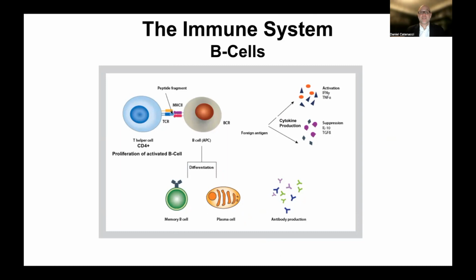So upon activation, these cells can then undergo proliferation so that you create an army of this B cell that has the same B cell receptor that was selected for by the antigen. This is facilitated and accentuated by helper T cells that bind, through the MHC class 2 molecule, binding this lock and key with this peptide fragment.